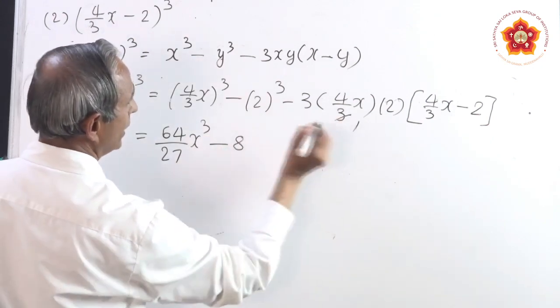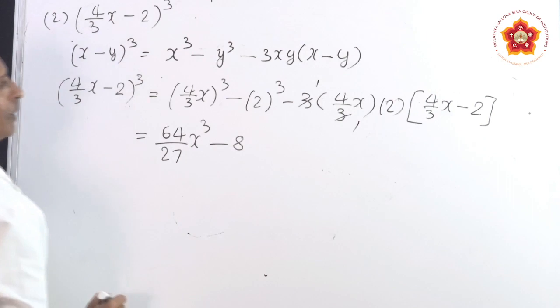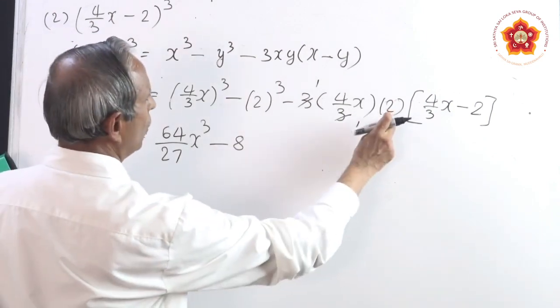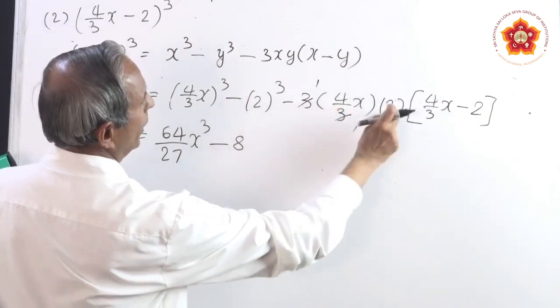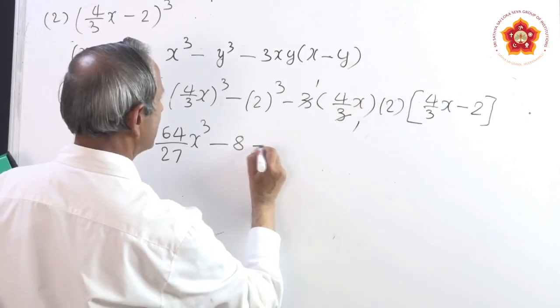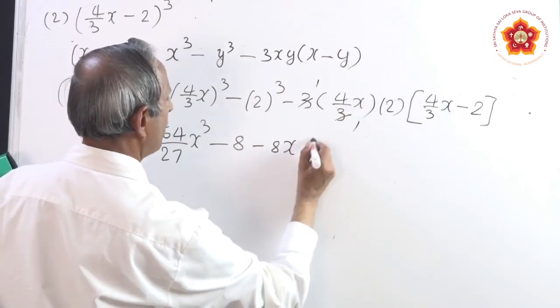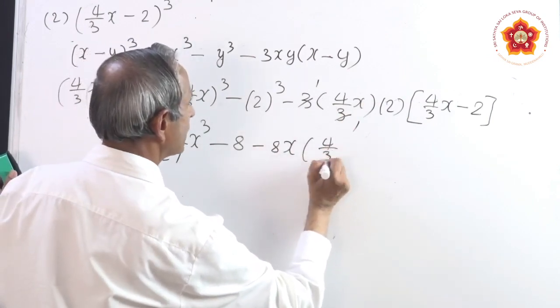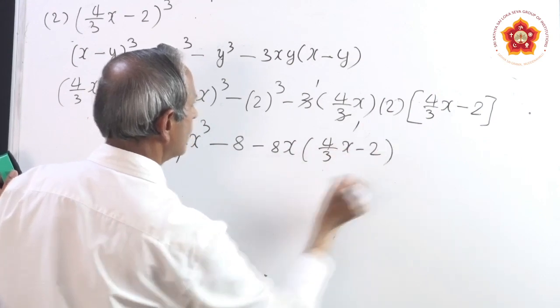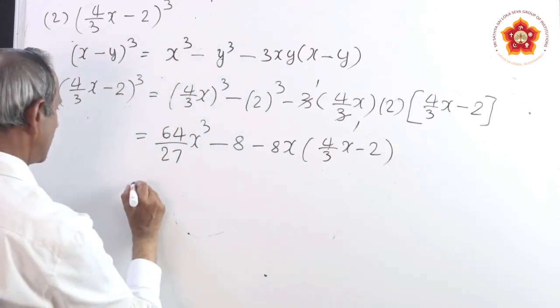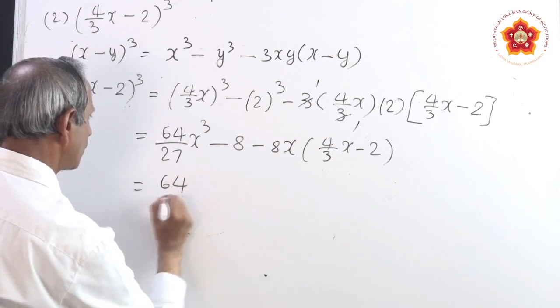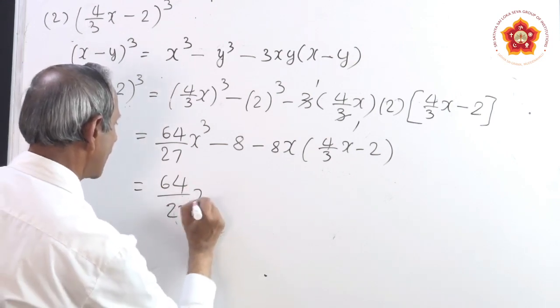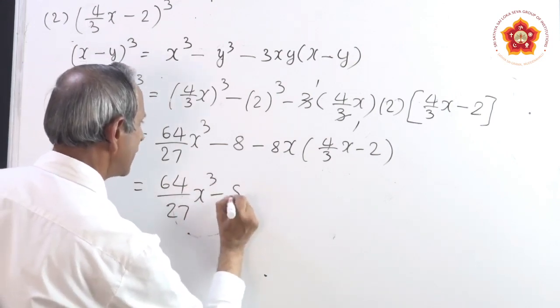Here the 3s cancel. Then you will get 4 into 4x into 2, which is 8x, minus 8x into 4 by 3x minus 2. Now finally the answer becomes 64 by 27 x cube minus 8.